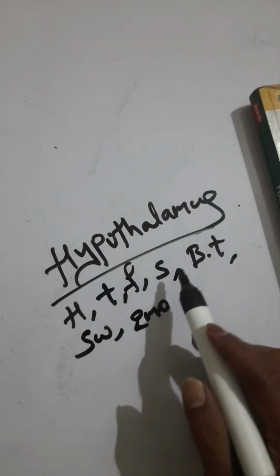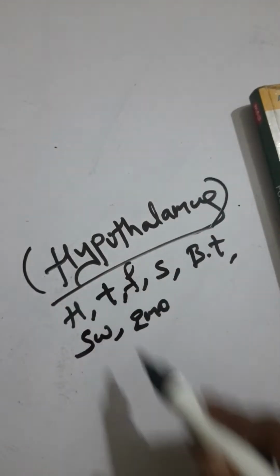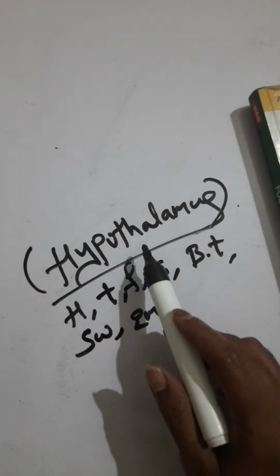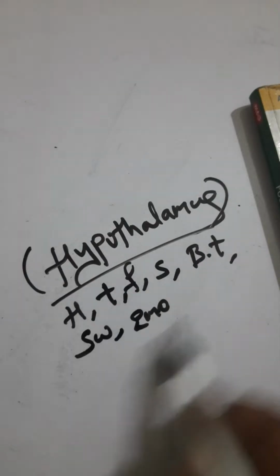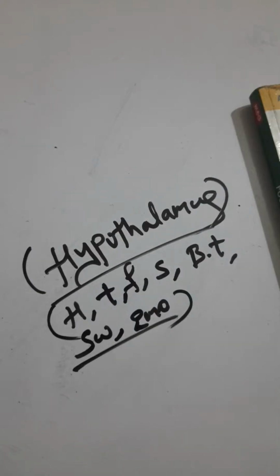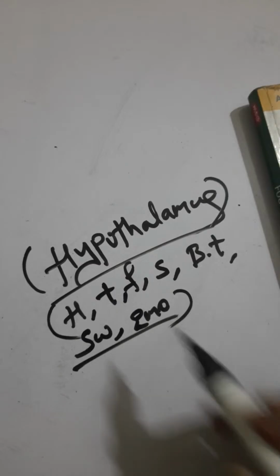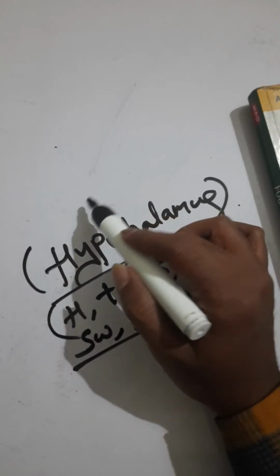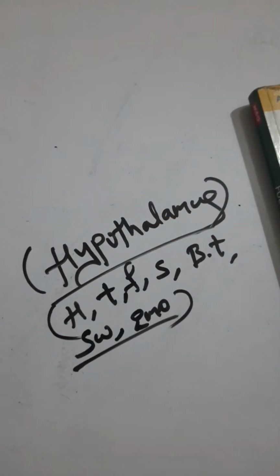So these all will be controlled by the hypothalamus. It regulates all these things. Hypothalamus always secretes releasing hormones. It tells the pituitary gland to release its secretions.